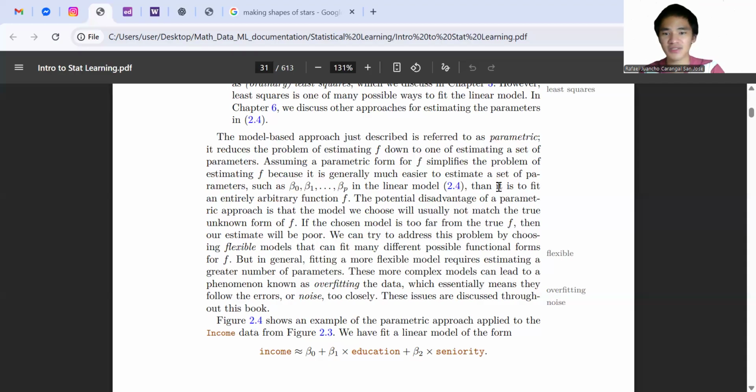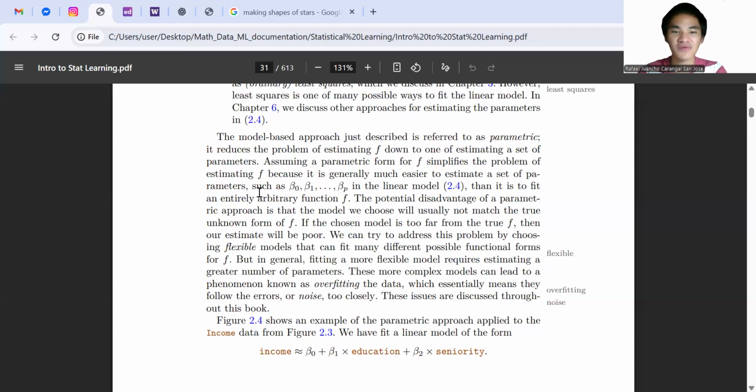And usually this is easier in our chosen model compared to if we fit it to some arbitrary function f, right?